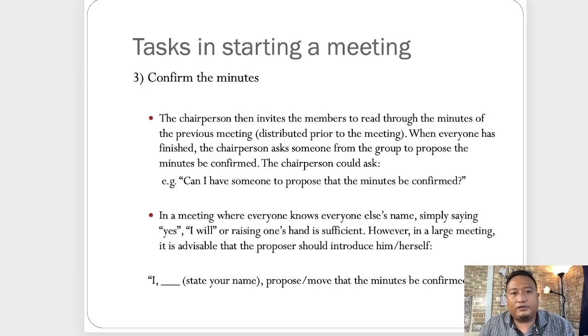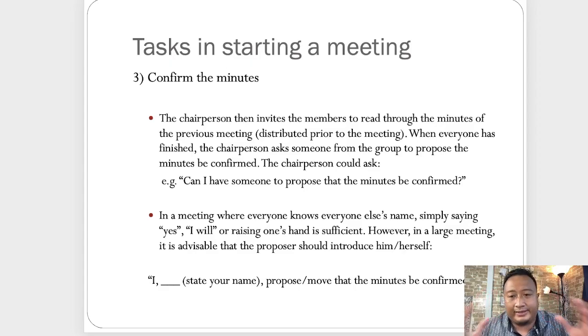confirmation of the minutes. Okay, this one is very technical. To confirm the minutes, you need a proposal. Someone to propose the minutes to be confirmed, and someone to second the motion, menyokong proposal tu. For example, you have six members in your group.